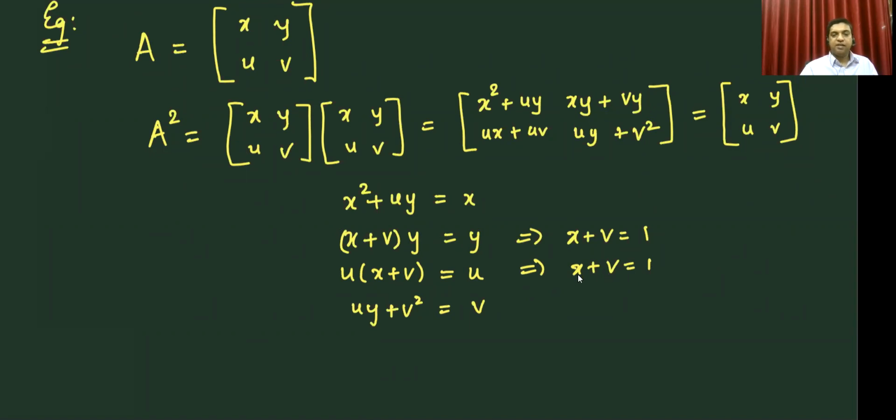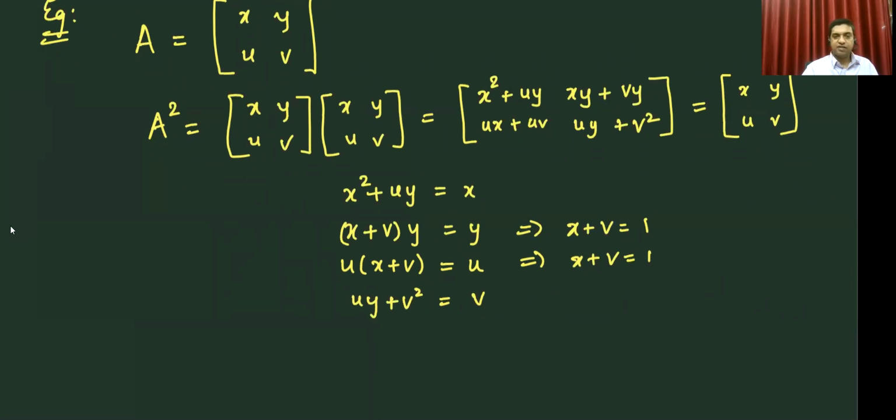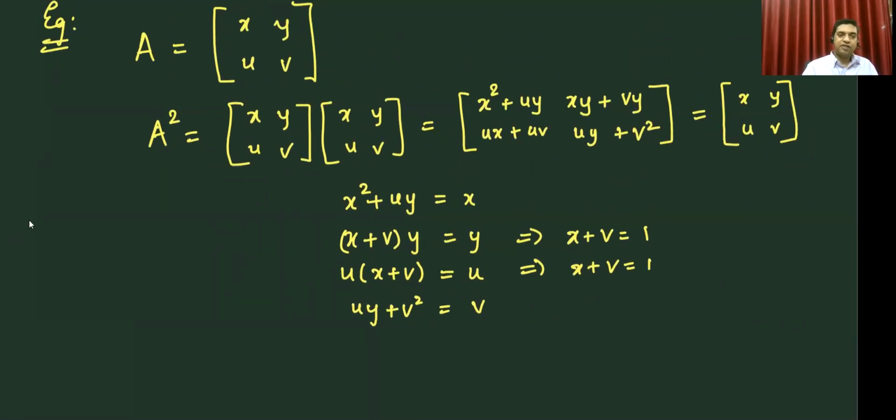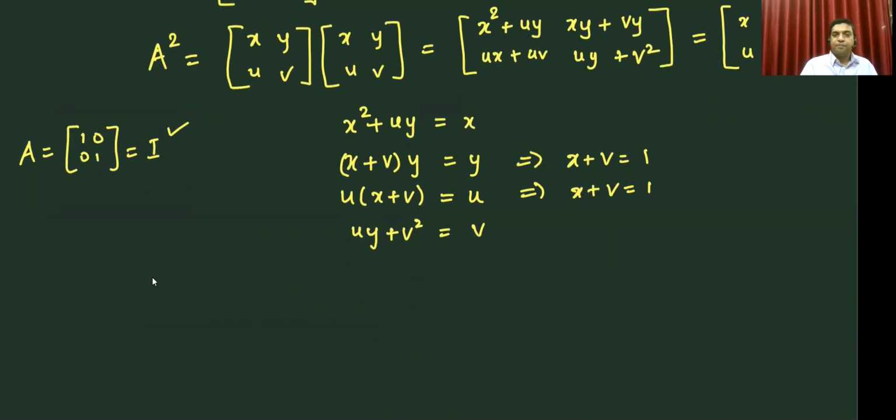So x can be 0, and then v can be, let us try, 1001 will definitely be one matrix. One basic matrix is A is 1001. This is identity. This will hold true for all cases. I am saying other cases.